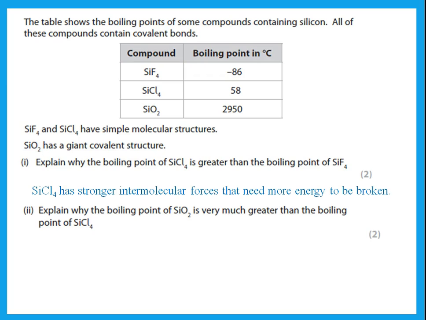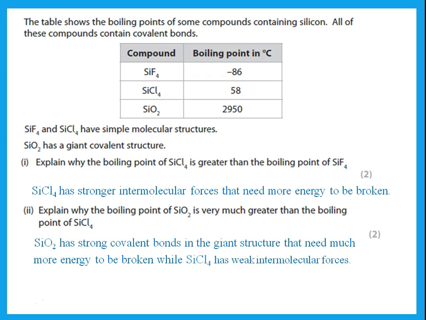Explain why the boiling point of SiO2 is very much greater than the boiling point of SiCl4. Now, he said that SiO2 has a giant covalent structure. So that means that it has strong covalent bonds that need much more energy to be broken, while the other one, which has a low boiling point, has weak intermolecular forces or weak attraction forces between the molecules.